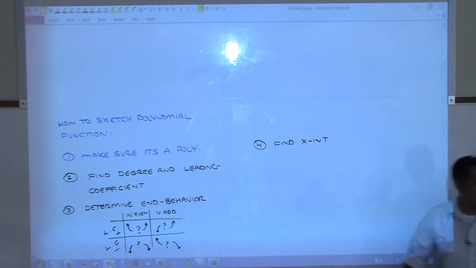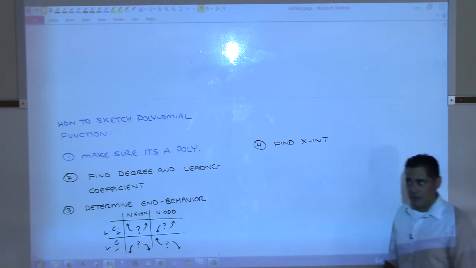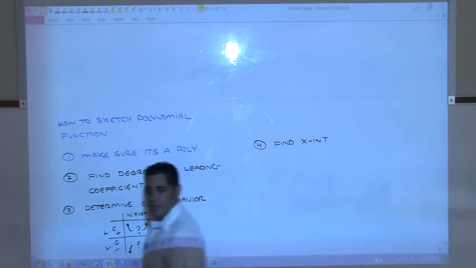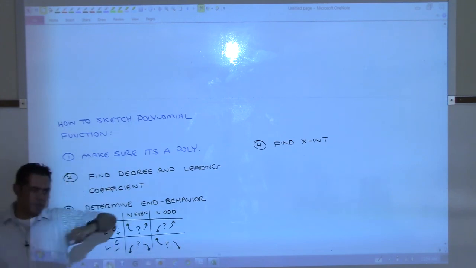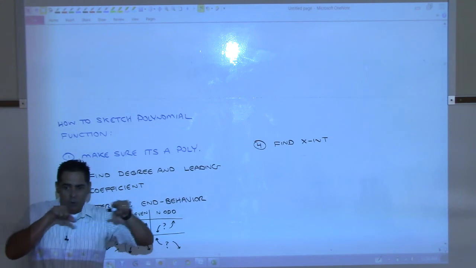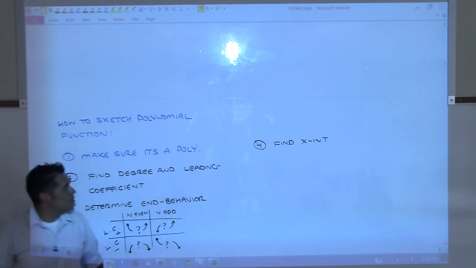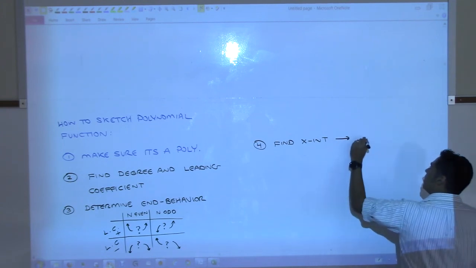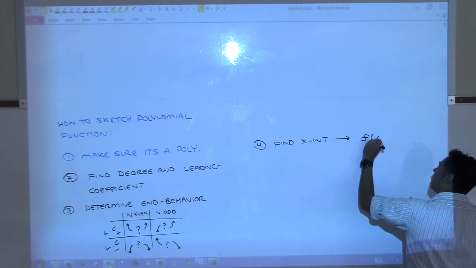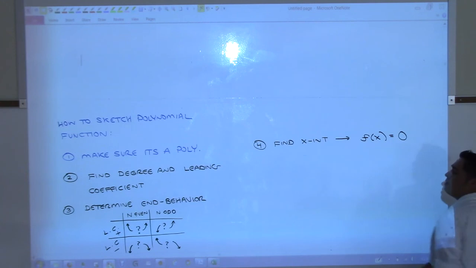Does that sound familiar? We did that with quadratics, right? We did that with lines even. X-intercepts have always helped us draw things. And if these things are going to be squiggling up and down, it would be nice to know where all those points are, right? So we find the x-intercepts. How do we do this? We set the function equal to 0.